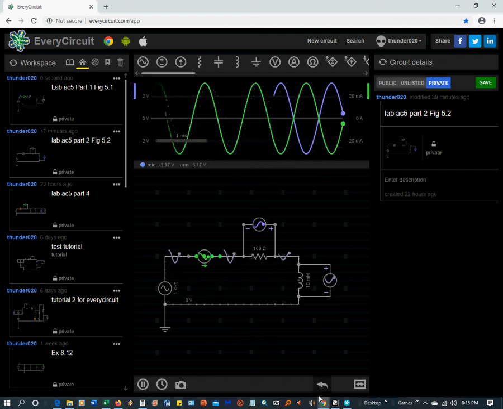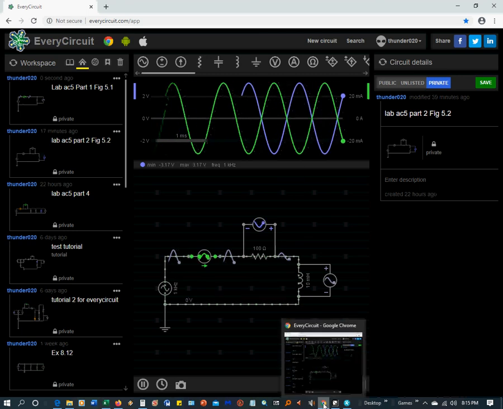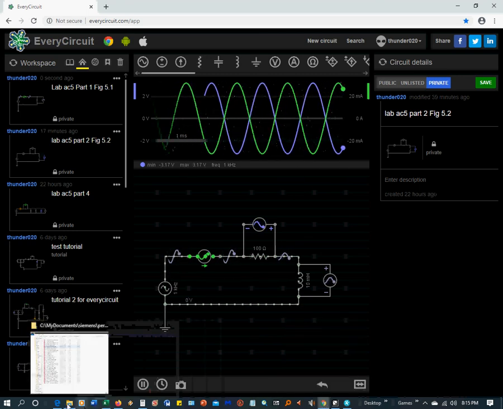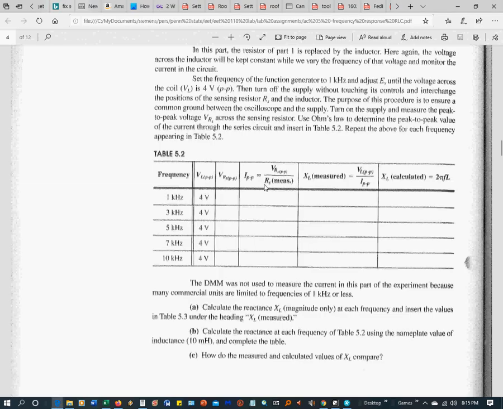And then you calculate the current using this value divided by RS. Now RS is going to be perfectly 100, but in the lab it's not going to be exactly 100 in real life.